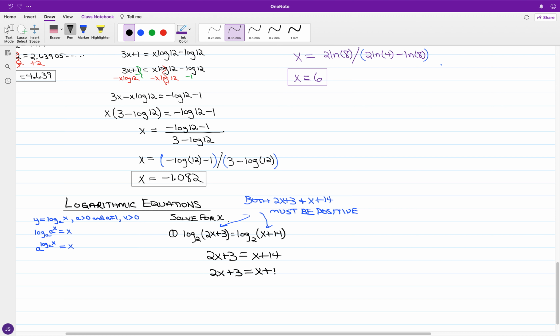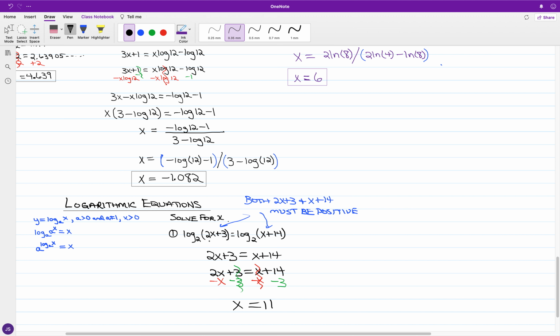So you've got a couple of x terms and a couple of constants, and we'll combine the x terms. So if I take x away from both sides, and I'll just move the constant 3 over by subtracting, so you have that 2x minus x becomes x, and 14 minus 3 becomes 11.